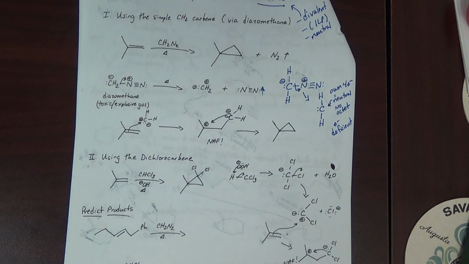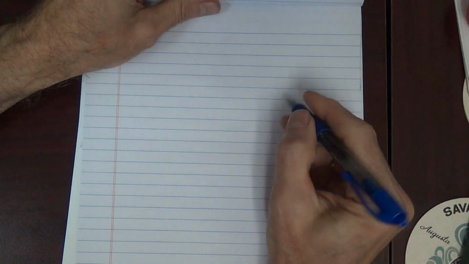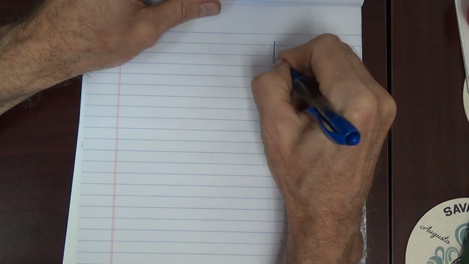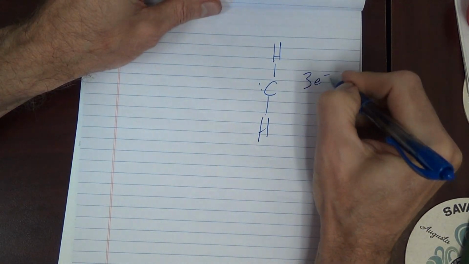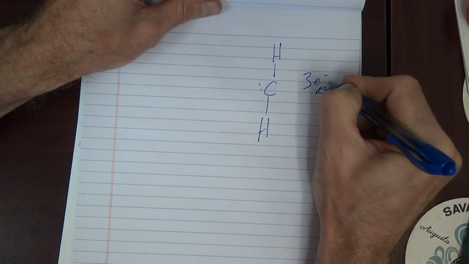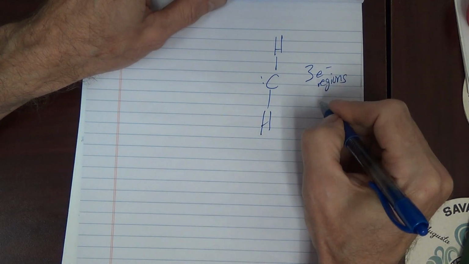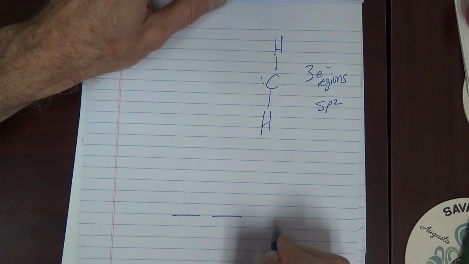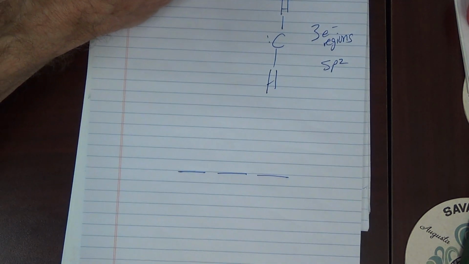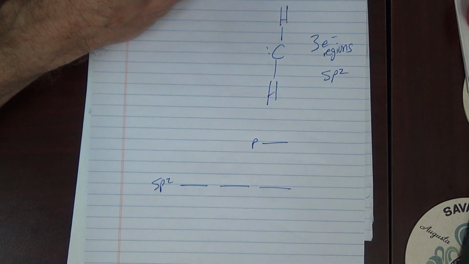And if we graph the hybridization of a carbene, let's take time to understand the structure here. Three electron regions around the carbon, so we expect it to be sp2. sp2 is going to be three hybrids and one p orbital left over.